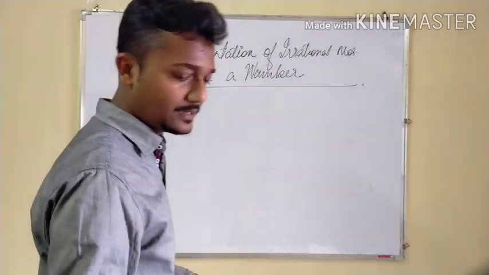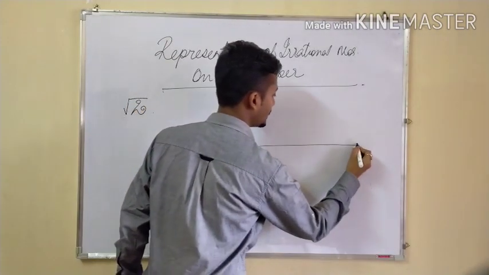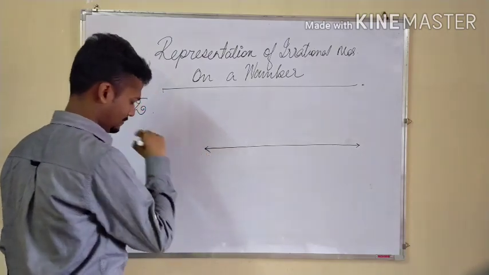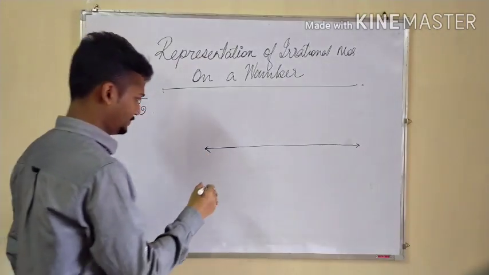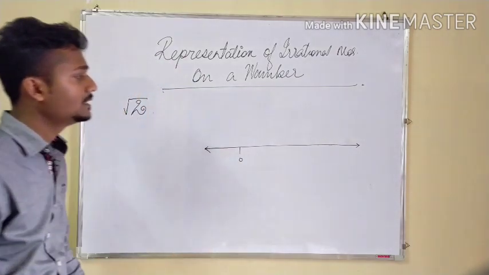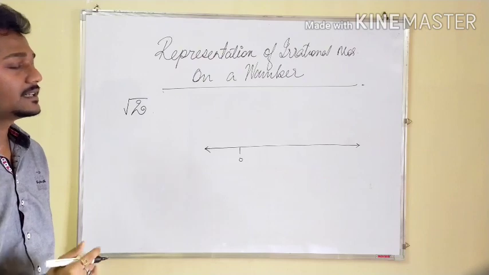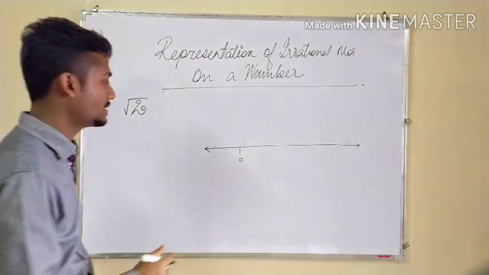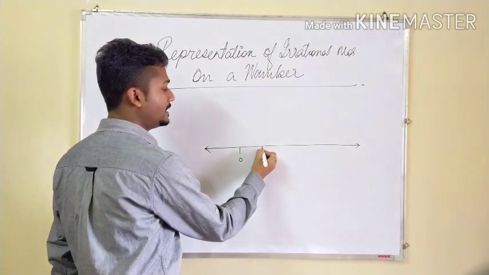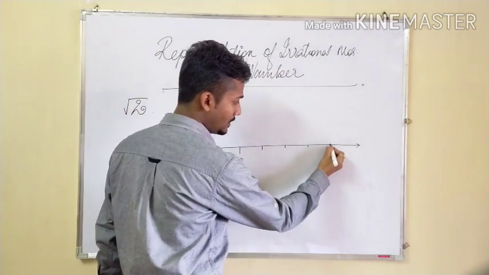Now how to represent root 2 on a number line. Let us draw a number line. While drawing a number line, we have discussed in our previous lecture that the difference should always be of equal length.